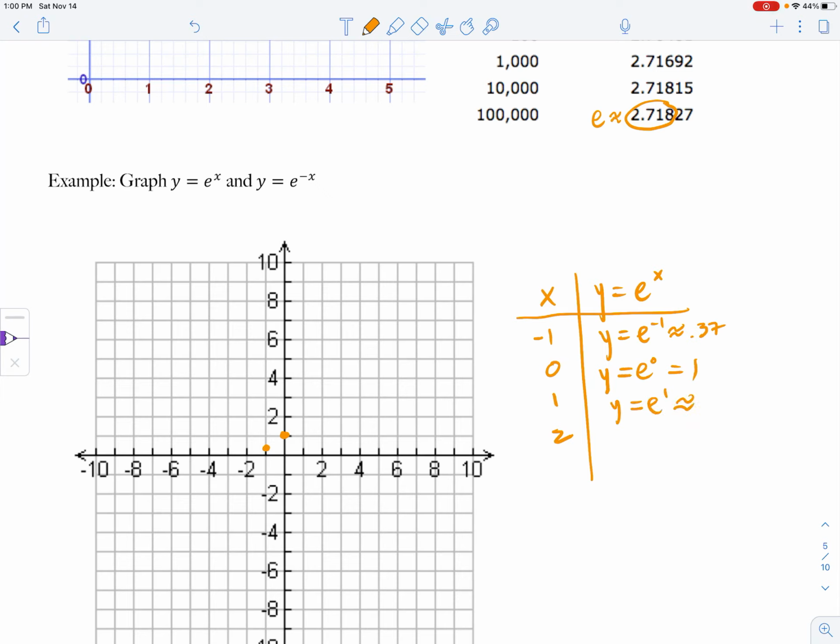Notice anytime we're plugging 0 into a parent function, we're getting 1 as the output. Okay, when we plug in 1, we get the approximation of e. And if we plug in 2, that's approximately 7.389.